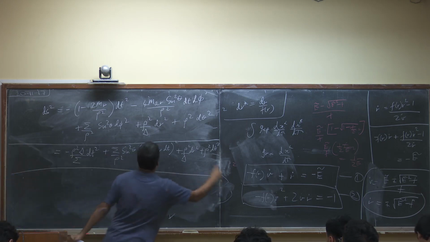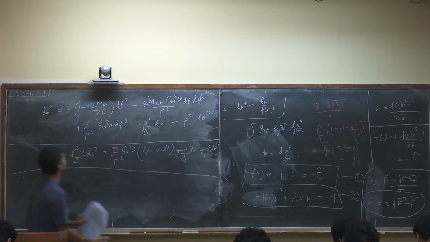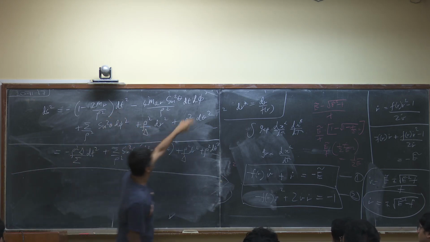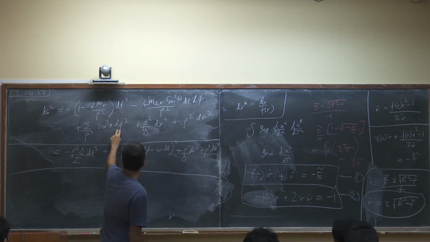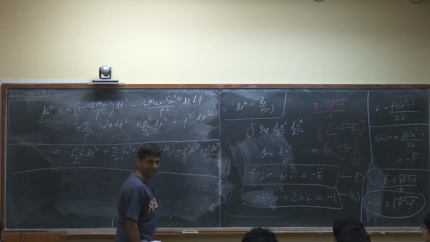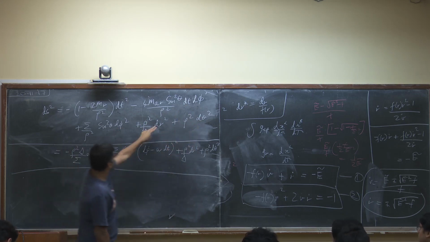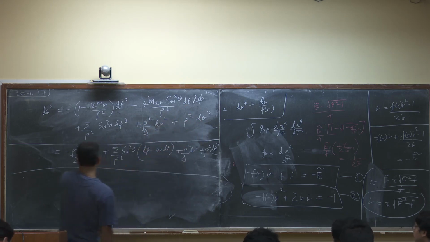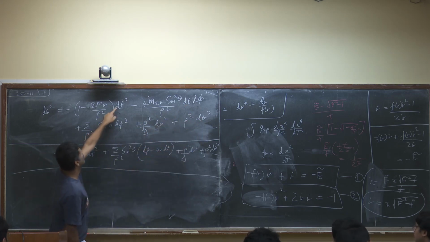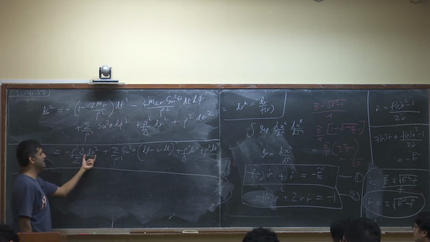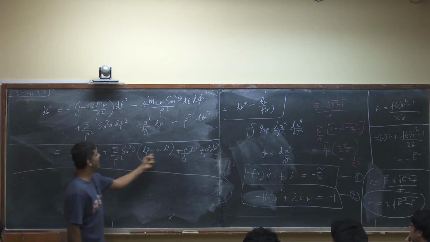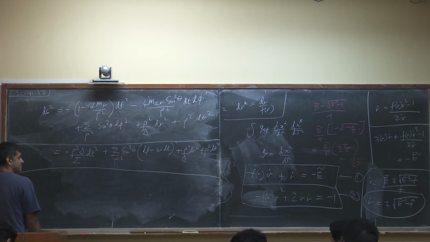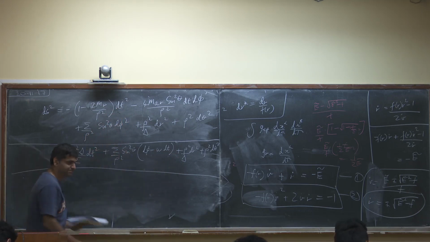Okay, so these are just equivalent rewritings. In this form, we've made explicit each term: dt squared, dt d phi, dr squared, d theta squared. Here, the dr squared and d theta squared are the same as here. But what we've done is, instead of writing dt d phi, we've written dt squared plus d phi minus something. Both forms have their uses.